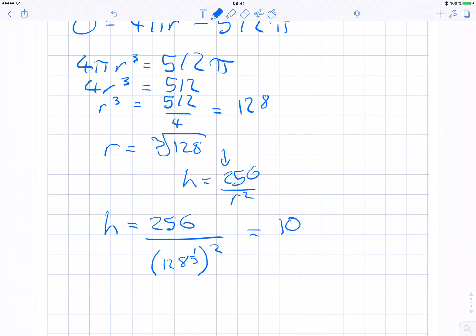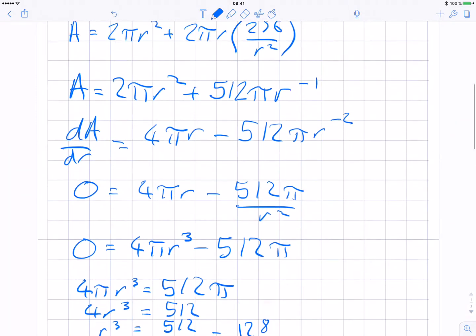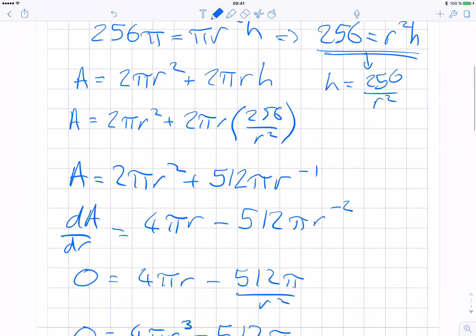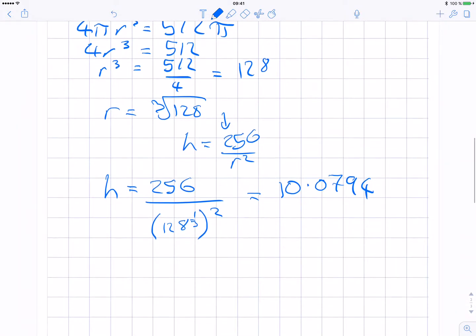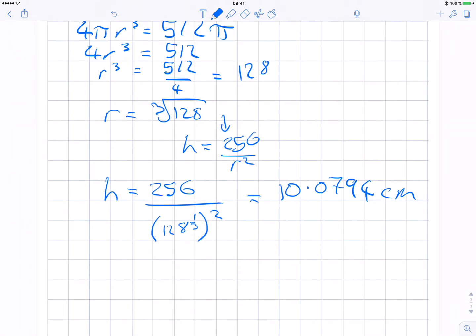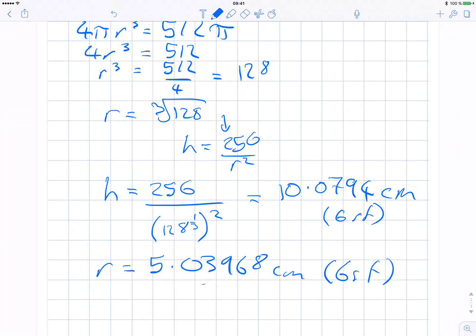That's equal to 10.0794 centimetres, rounded to 6 significant figures. And we know what r is, which is just the cube root of 128, which is 5.03968, again centimetres to 6 significant figures.